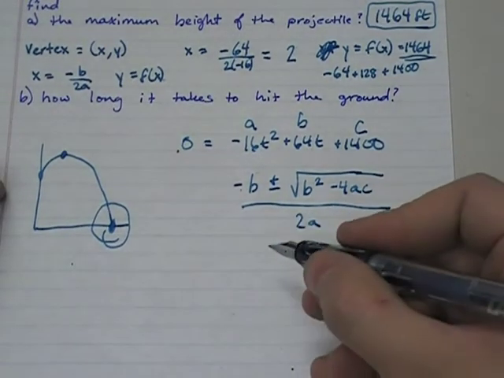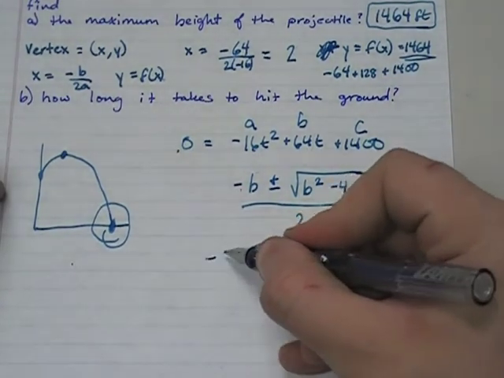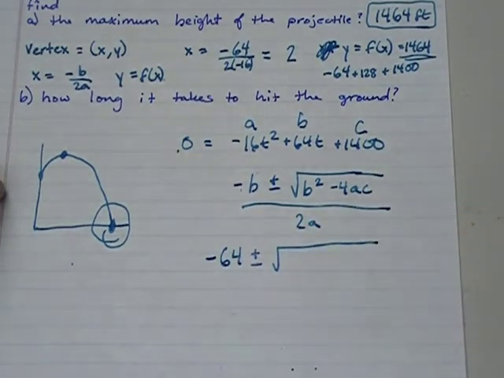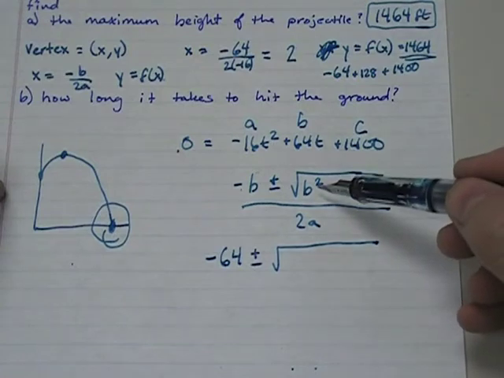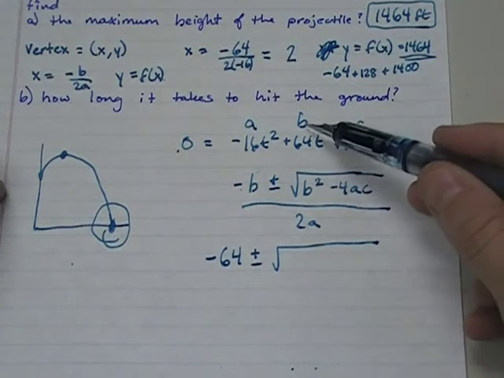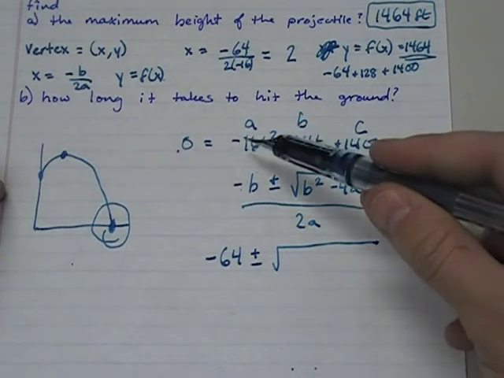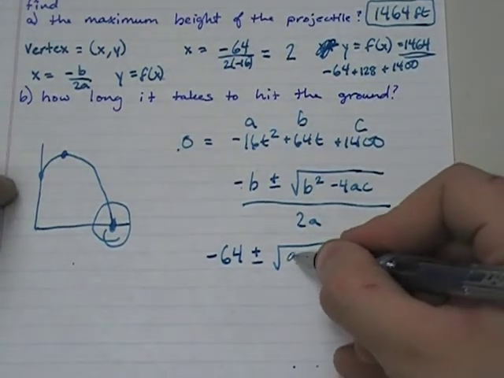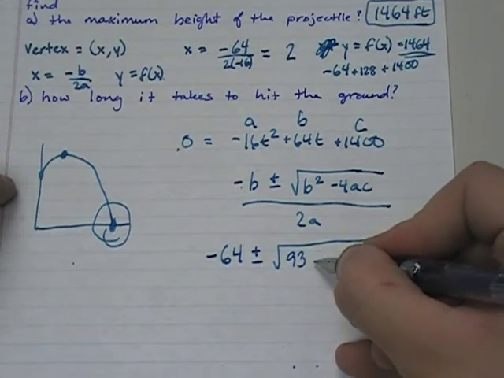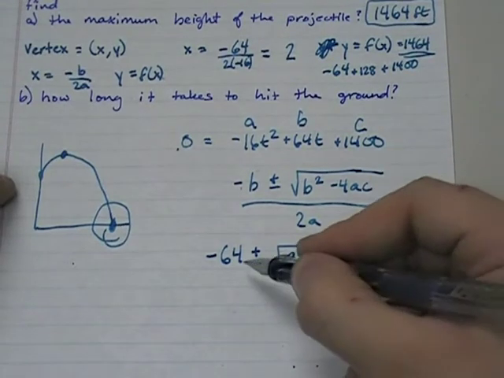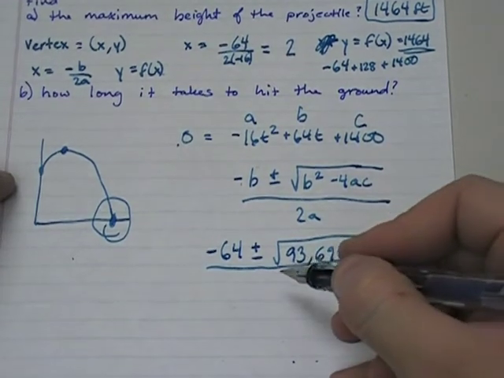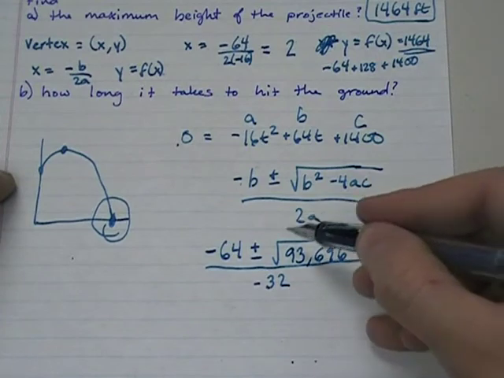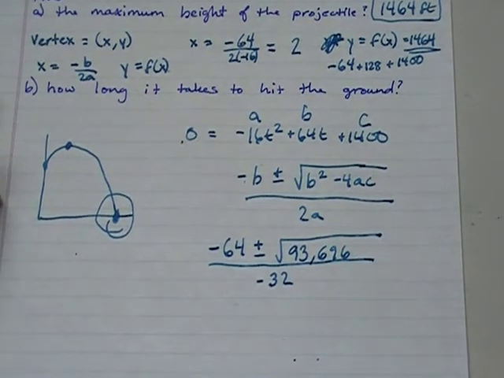Given that, I put these numbers in, I come up with negative 64 plus or minus the square root of, and I just go ahead and combine these terms. B squared will be 64 squared minus 4 times negative 16 times 1400. And when we put all that together, I get 93,696 under the radical. And that's divided by negative 32, because a is negative 16 and 2 times negative 16 is negative 32.